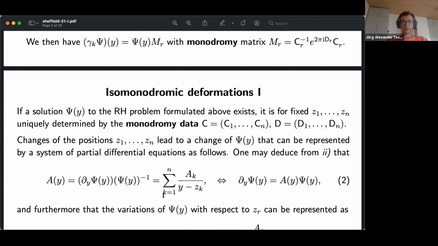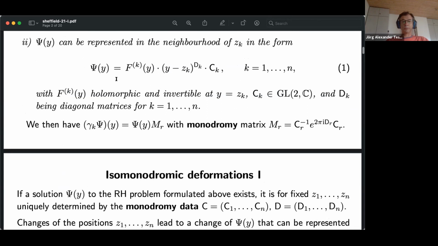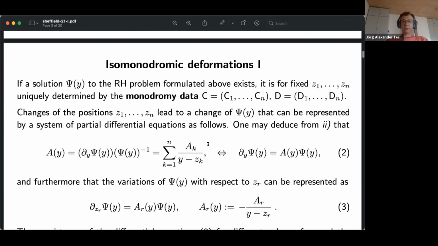So this is what you easily infer from the specification of the regular singular behavior at the point zk, that this is the form this matrix A of y needs to have. What you can associate to that is a matrix first order differential equation of basically the simplest possible form: differentiation of psi gives A of y psi of y. But now we shift attention from psi to A. Of course, we can reconstruct one from the other.